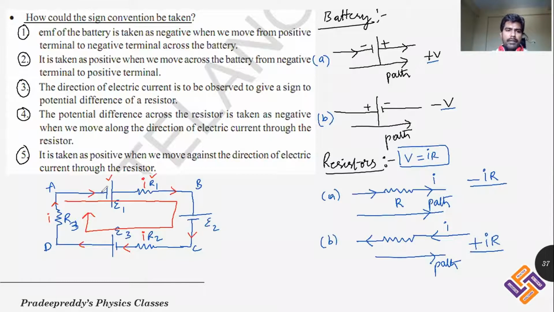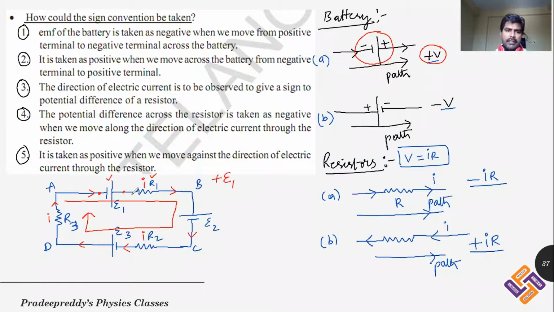And when you are going from negative terminal to positive terminal of the battery, what did I tell? From negative terminal to positive terminal of the battery, you need to take plus V. So therefore, what is EMF offered here? E1. So it is plus E1.